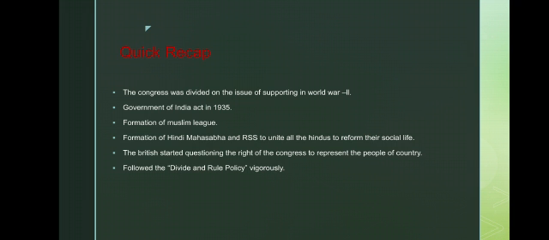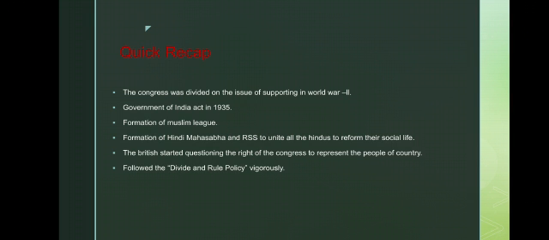Now, children, let us have a quick recap. What we have learned: the division of Congress into two groups, one supporting the Britishers in the Second World War and the other not supporting them, and why. The very important Government of India Act of 1935, which allowed Indians to be contestants in elections under the Britishers.